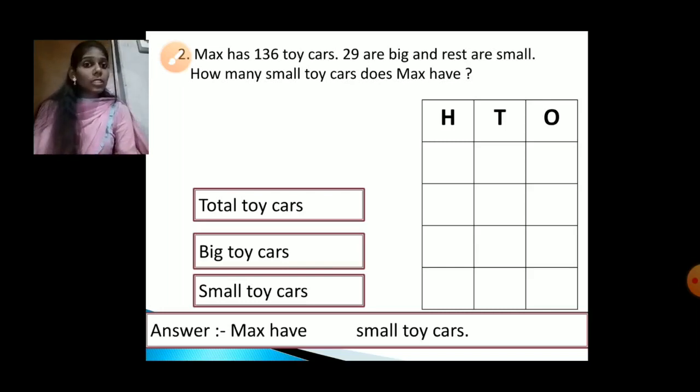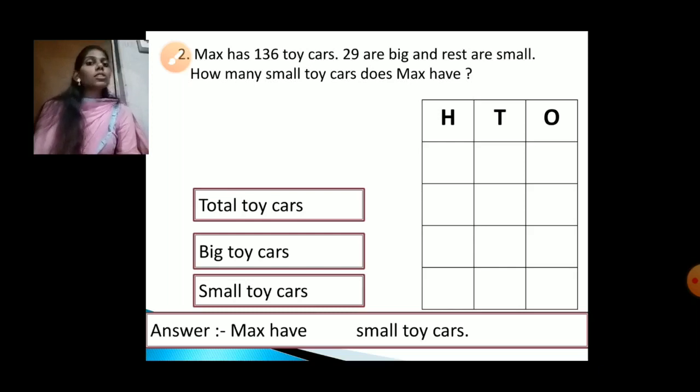And how many small toy cars does Max have? Now we have to find out the small toy cars numbers. Okay? So here they have already given total toy cars, that is 136. Big toy cars is 29. Okay? And you have to find out the small toy cars.